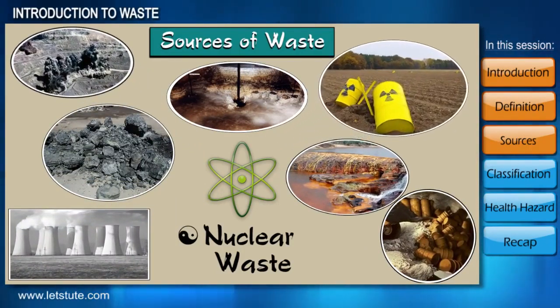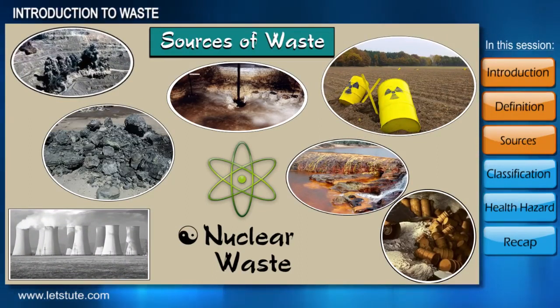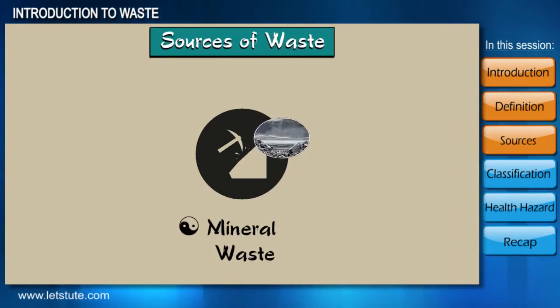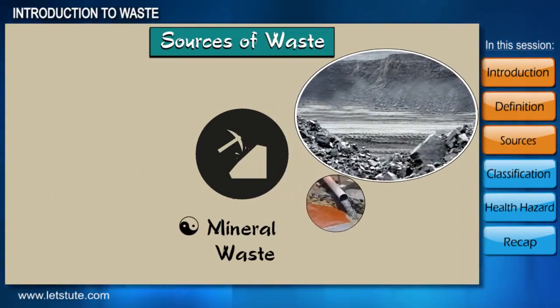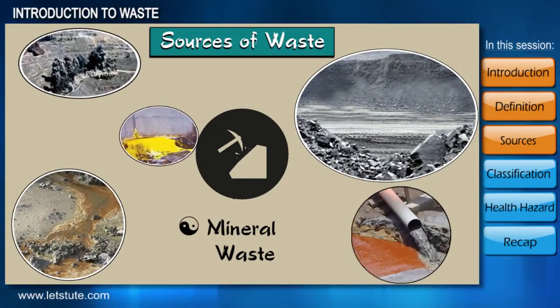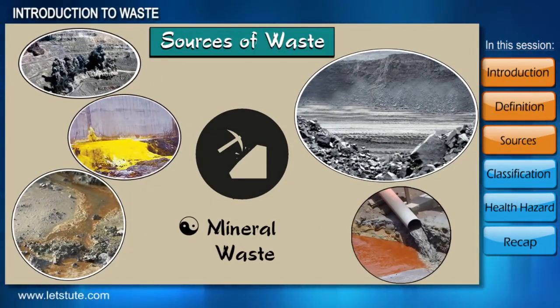Utmost care has to be taken for this type of waste. Mineral waste includes heavy metal residues found around mines like lead, arsenic, cadmium, etc. These metal particles pollute the surrounding air and water.